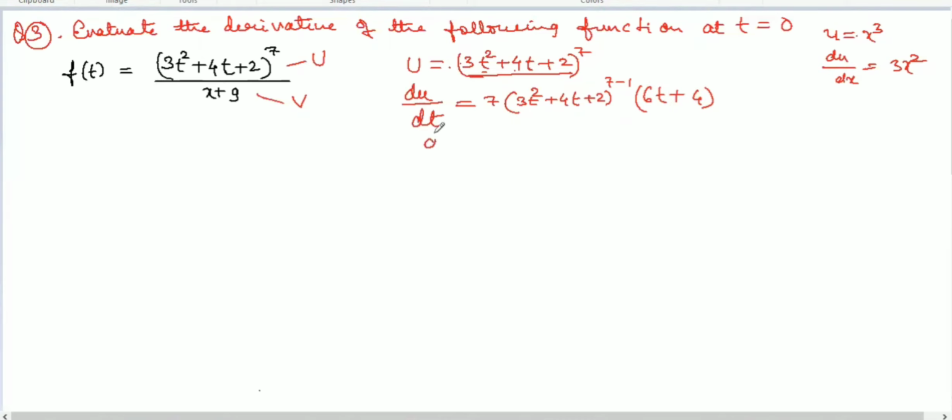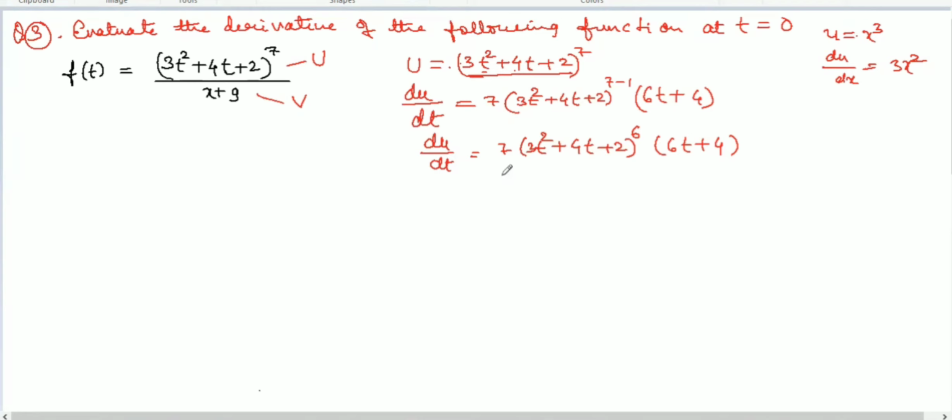So what is your du over dt? It is 7 times (3t square plus 4t plus 2) to the power 7 minus 1 is 6, multiplied by (6t plus 4). This is your du over dt.